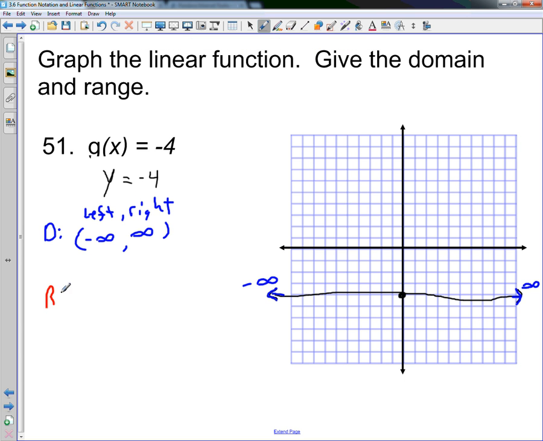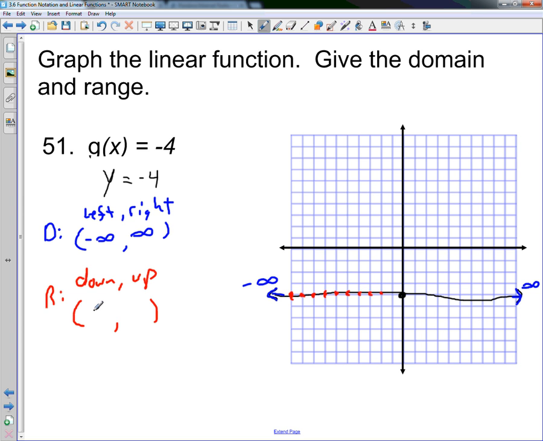Now my range is how far down my graph goes and how far up. Okay, so the lowest point on my graph is at -4. The highest point on my graph is at -4. So notice that range, remember, is your y values. So any y value or any point we pick on our graph is going to only have y values of -4.